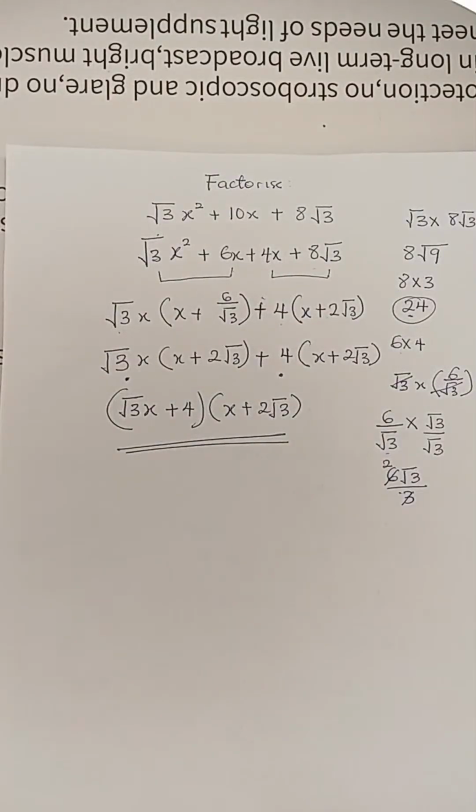It actually looks, at first, impossible. It looks like something we can't factorize, but at the end of it all, we are able to factorize this. All right, so it's the same process as our normal factorization, just that we're having radicals. That is why it's looking a bit tough.